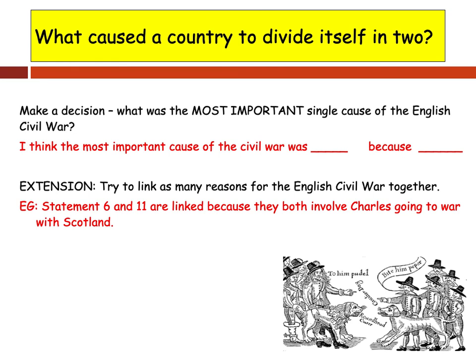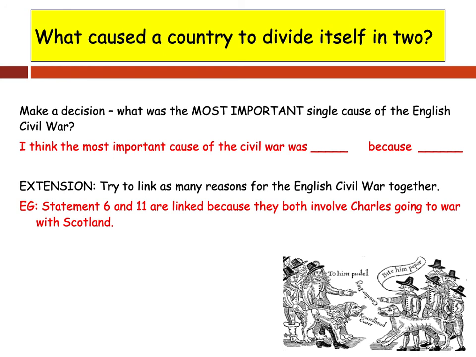I'd like you to finish off by doing a P paragraph. What was the most important single cause of the Civil War? Power, money, or religion? Now, it's really important that you explain why you think that. So the most important word we have in this sentence is because. I think this because.